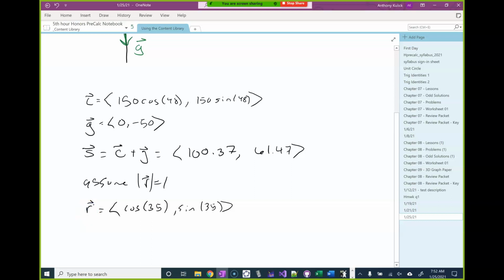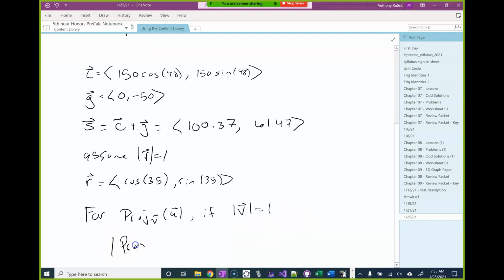And we didn't mention this in class, but maybe you noticed this. For the projection of vector u onto v, if the magnitude of v is equal to 1, then the magnitude of the projection of u onto v is just equal to the dot product of u and v.